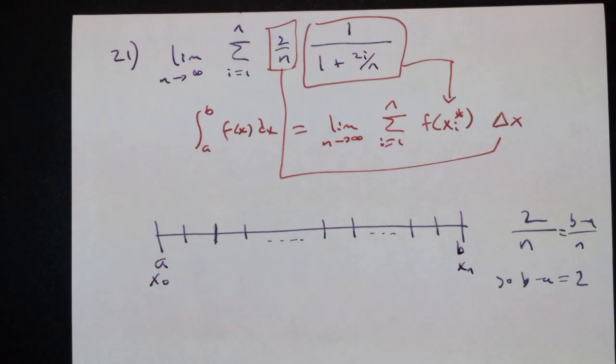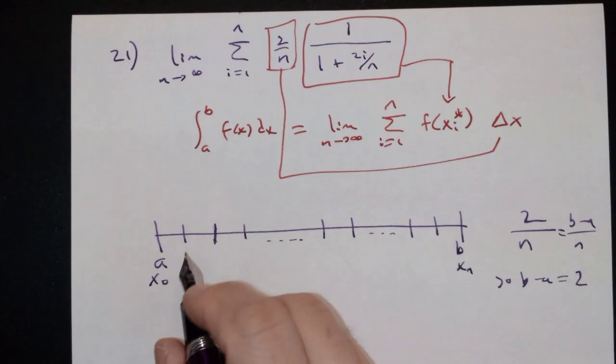When I was making these little subintervals, I started over there at a, that was x0, the next one was x1 and x2 and so on, right? So what is the x value here?